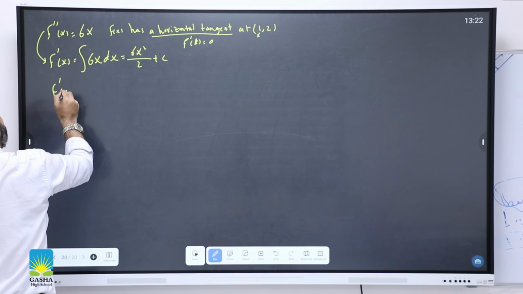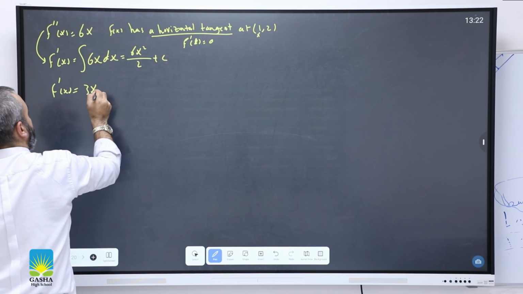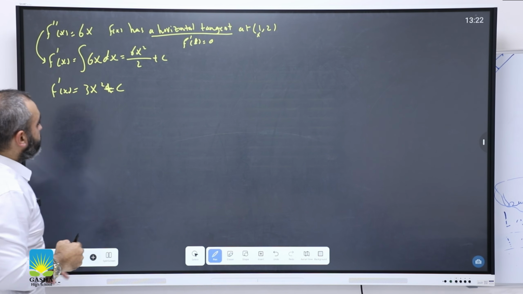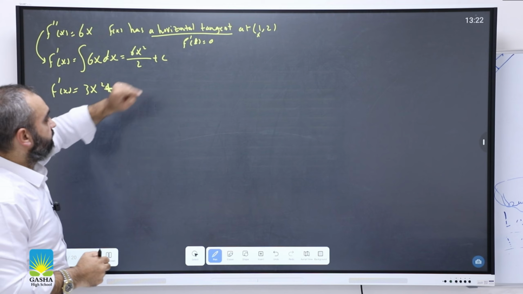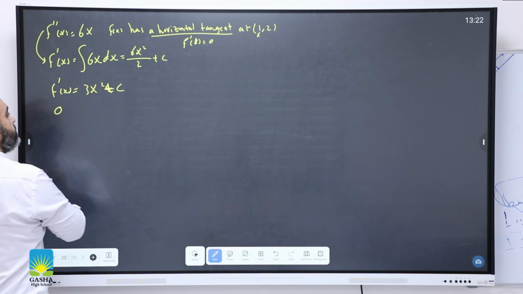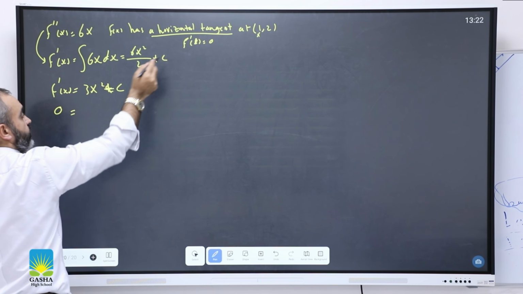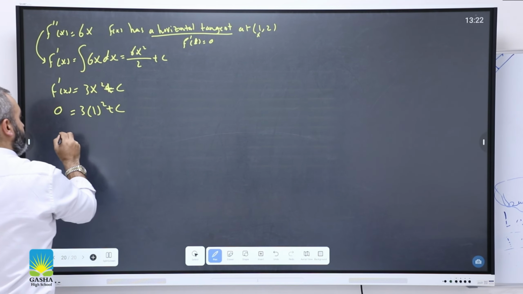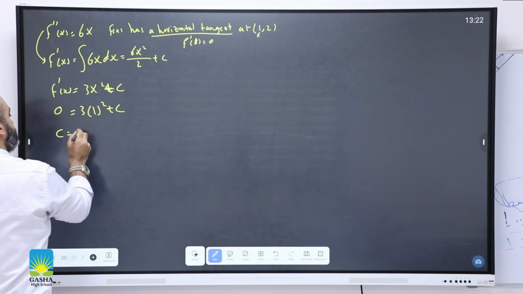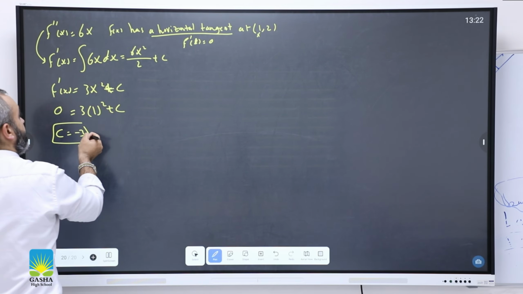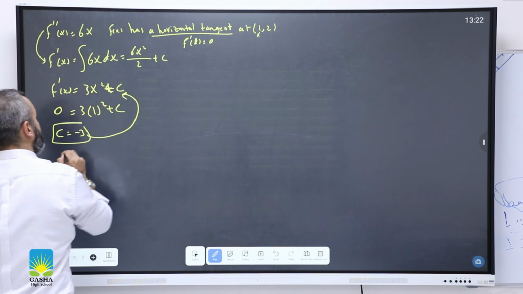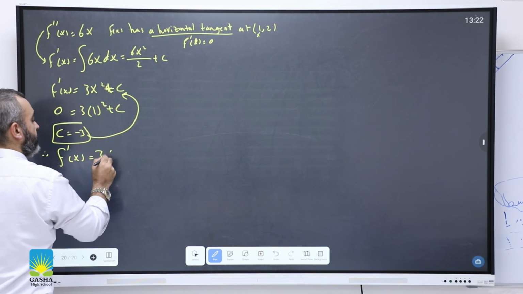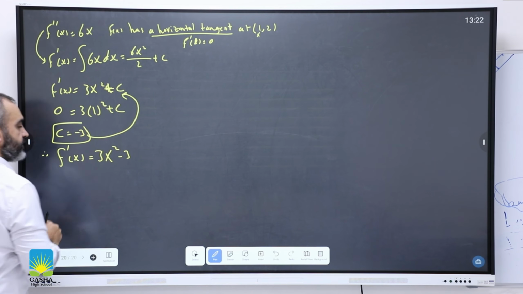And the f prime of x equal to 3x squared plus c, right? 3x squared plus c, and we replace the 0 here and 1 here. 0 equals 3 times 1 squared plus c. So c equal to what? c equal to negative 3. And we replace here. So f prime of x equal to 3x squared minus 3.